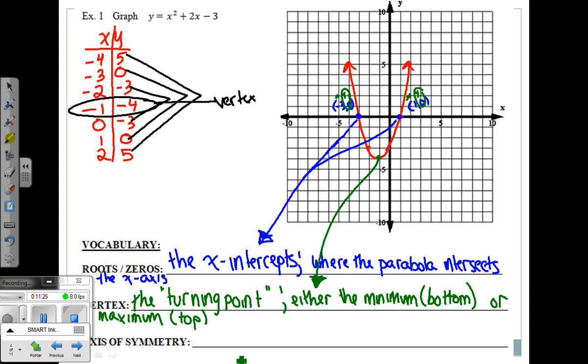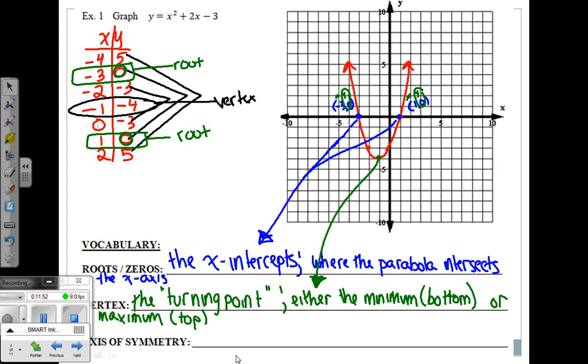That's where it gets its name, and we can spot that on the table also. We don't care about that 0 on the x-axis, that doesn't matter. It's these y values of 0 that tell us the roots. So actually, the table itself gives us all the information. We can look at the graph to get it, but we could also look at the table. It's a good way to check yourself.